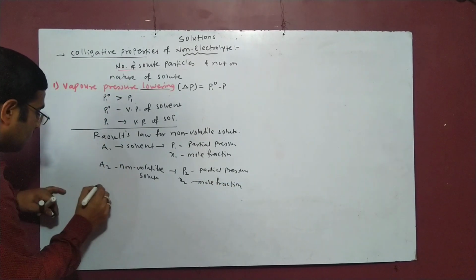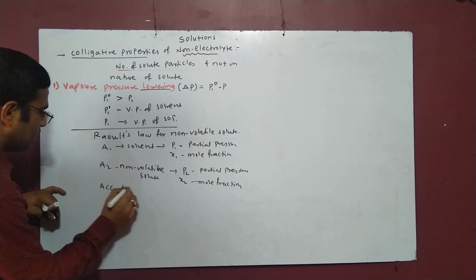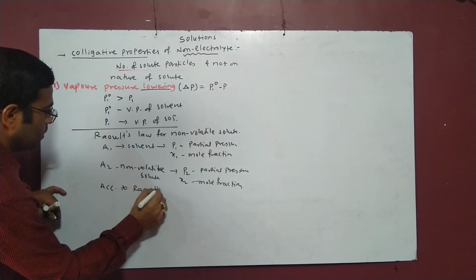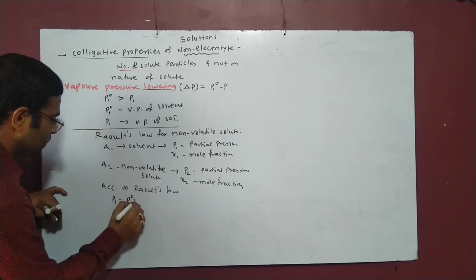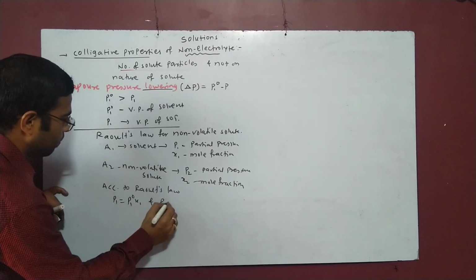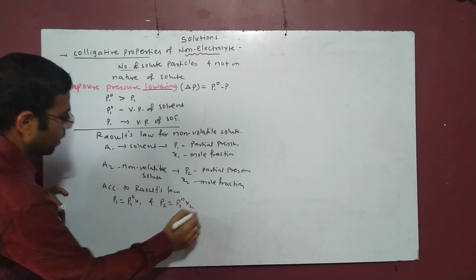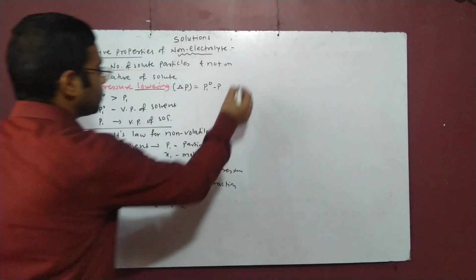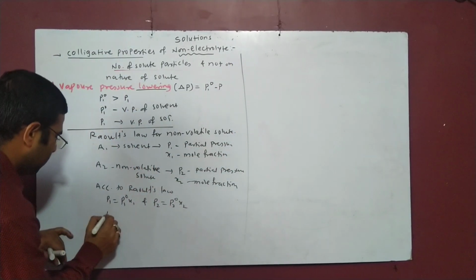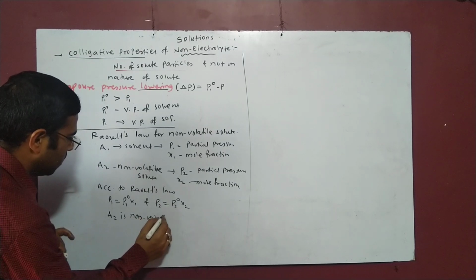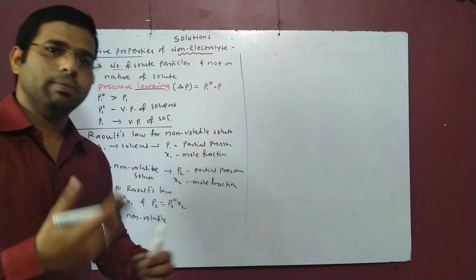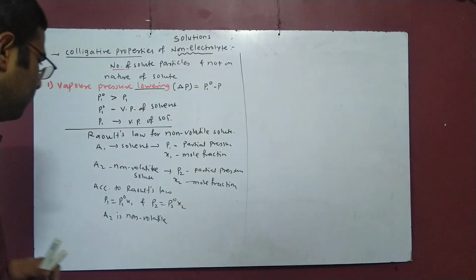So according to Raoult's law, P1 is equal to P1⁰ X1 and P2 is equal to P2⁰ X2. But here, as A2 is non-volatile, those substances which cannot be converted into the gaseous state have a vapor pressure of 0.